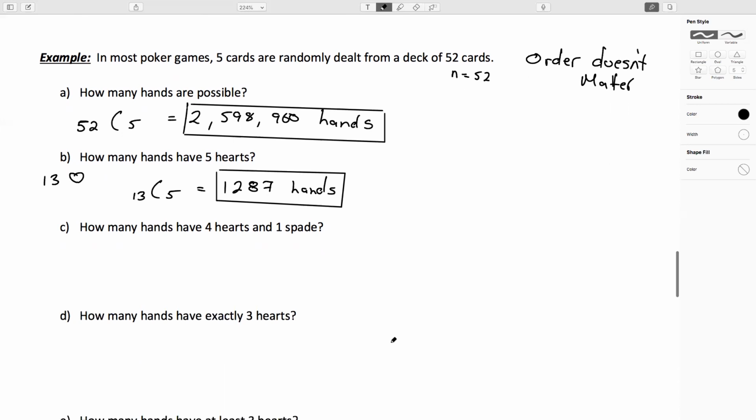How many hands have 4 hearts and 1 spade? Well, we have 13 hearts in the deck, and we also have 13 spades in the deck. So if we want to figure out the hands that have the combination of 4 hearts and 1 spade, we have to break this apart into 4 hearts and 1 spade.